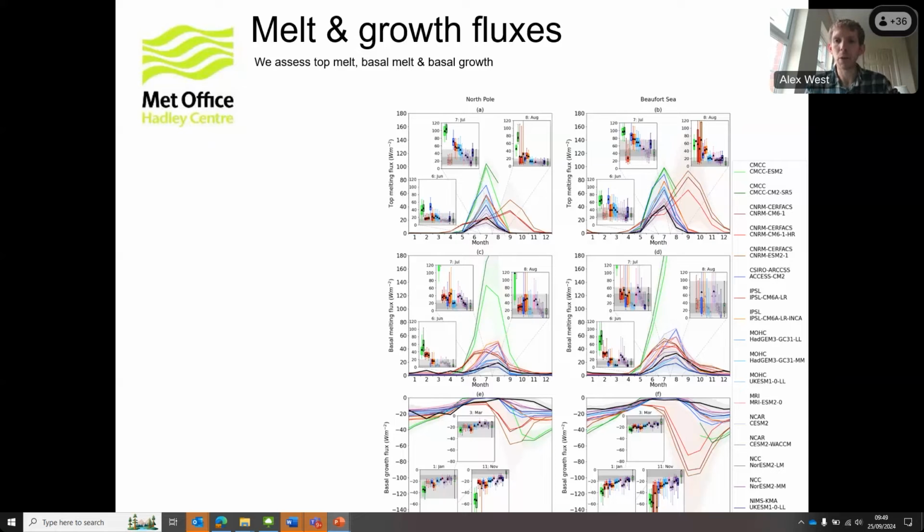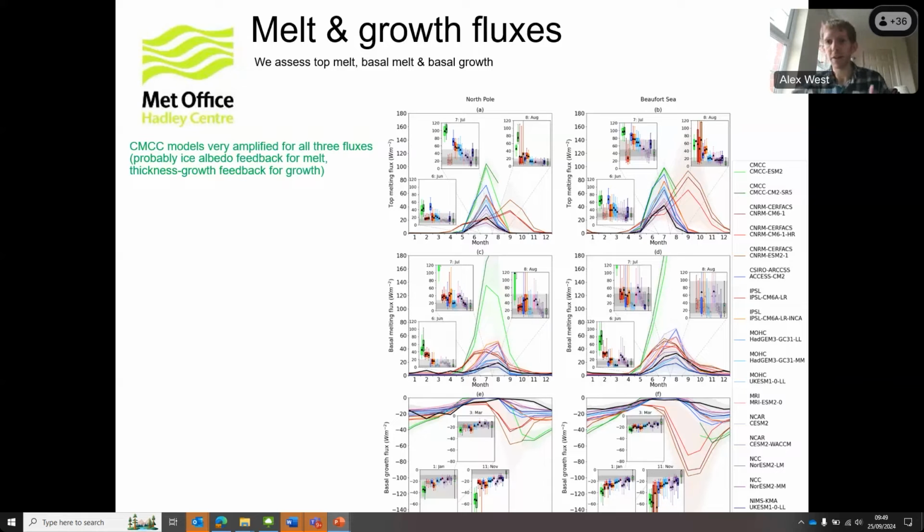And for each model, we look at all the grid cells in these regions for each month and use these distributions to compute statistics, which are weighted obviously by grid cell area and ice area. And comparing these, just looking through each of the model groups in turn, the CMCC models, these are the green lines, they tend to be very amplified, much higher top and basal melting than observations.